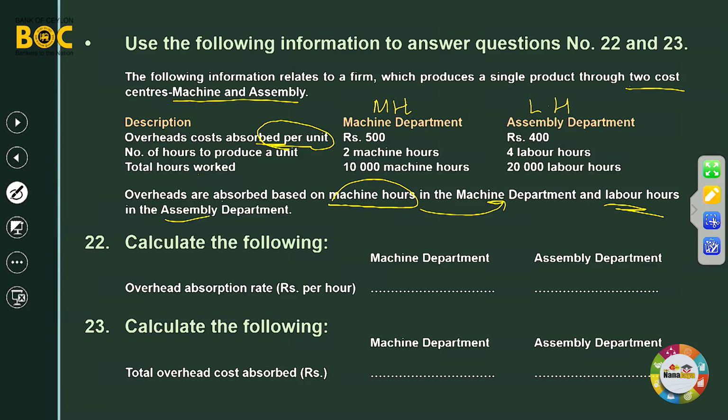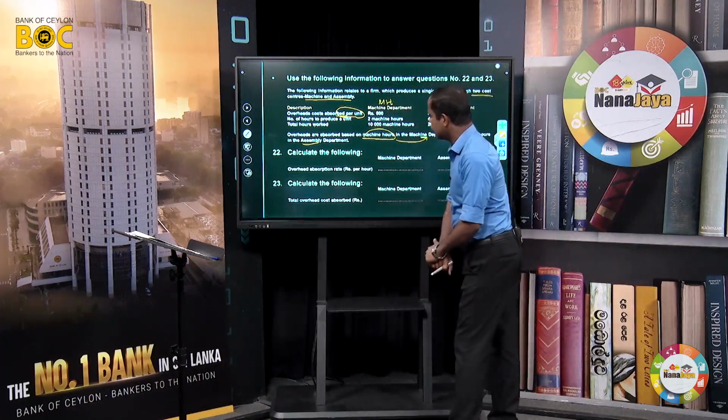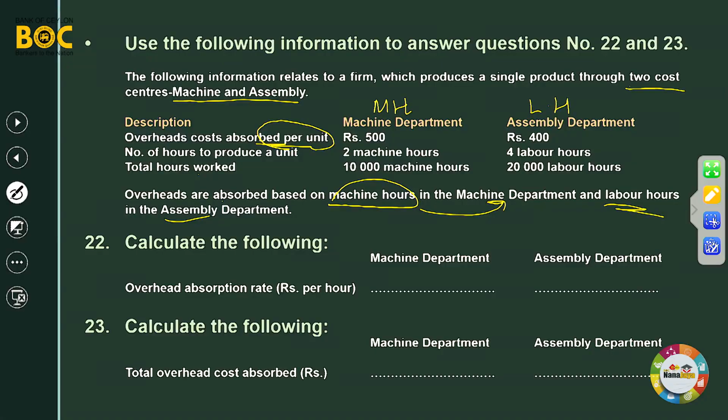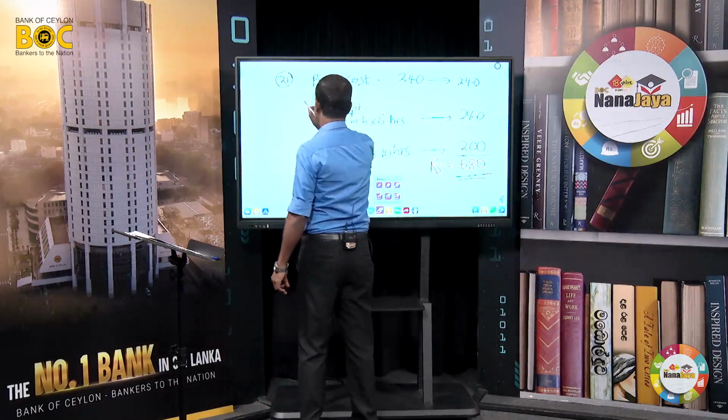Right, we'll do question number 22. Calculate the overhead absorption rate in rupees per hour.